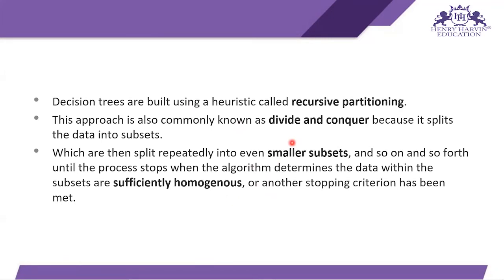So basically, it is using the divide and conquer technique, which is dividing and splitting our data into subsets. And this is done by a recursive partitioning method. And here we divide the subsets.